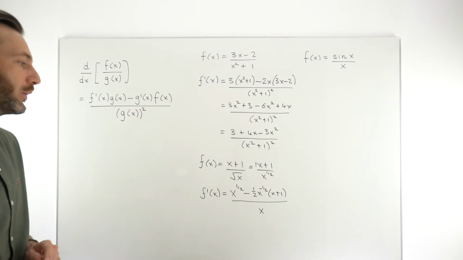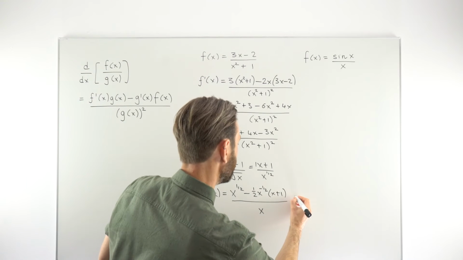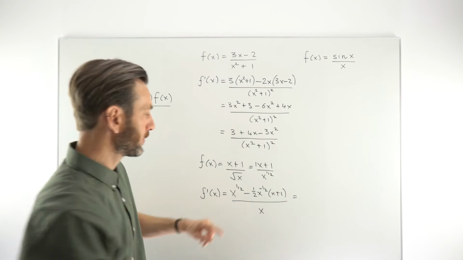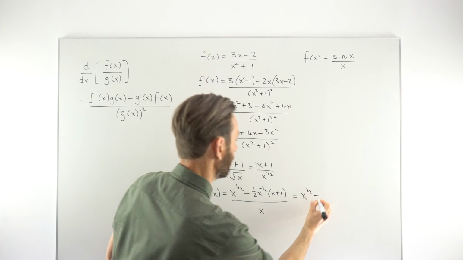Okay, we can go a little bit further with this one. Let me see, I'll maybe just put it over here actually. So this term is just on its own, so there's nothing we can do with that one. We'll just leave that as x to the 1/2.